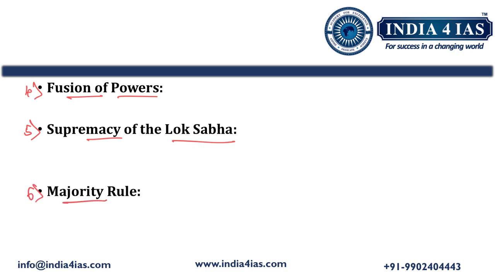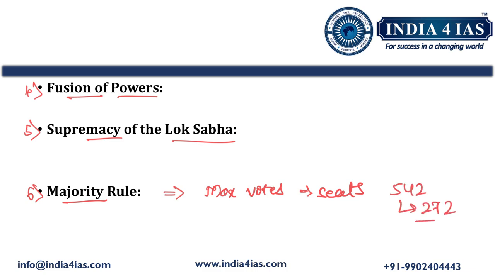Majority rule means the party which secures the maximum percentage of seats, not votes. Out of 545 in India, the magic number is 272. The party or the coalition which crosses this 272 mark is called the majority party, or that coalition is called the majority party rule.